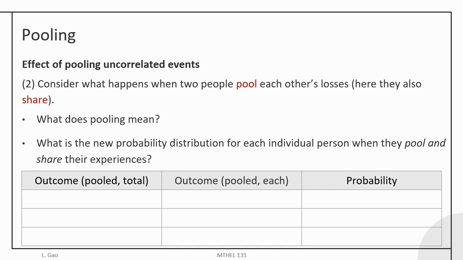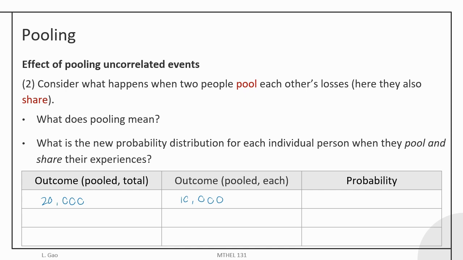When we have two people this time, one possible outcome is that both of them suffer losses. Both of them have a car accident. Then their total losses would be 10,000 plus 10,000, so 20,000. That means they would each be paying 10,000 because they're equally sharing in the losses.